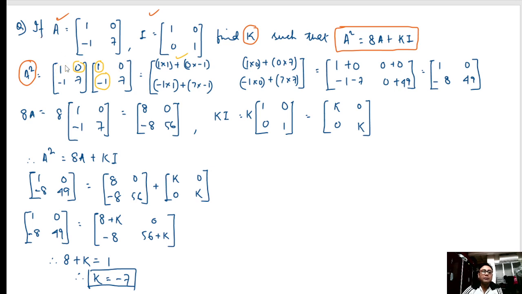And then we will do 1 into 0 plus 0 into 7. Here we have written. So now let us see the next one. Now we will do minus 1 into 1 plus 7 into minus 1.